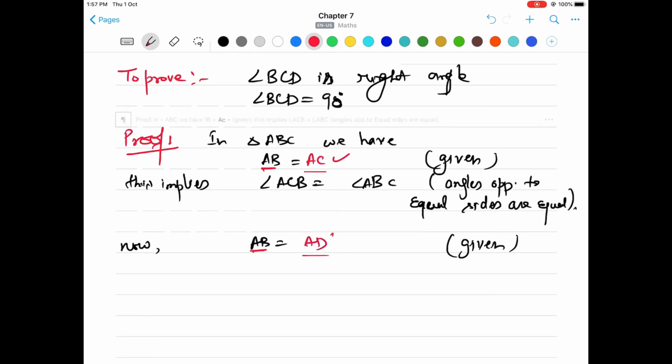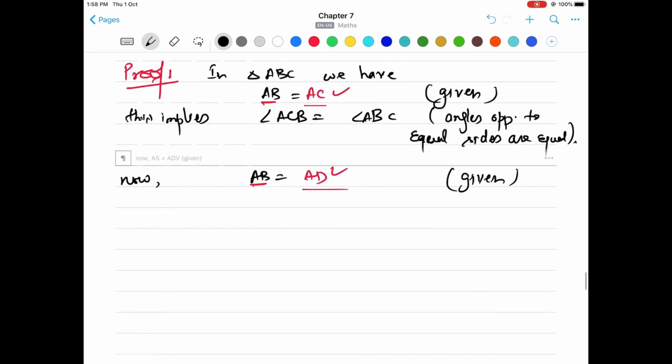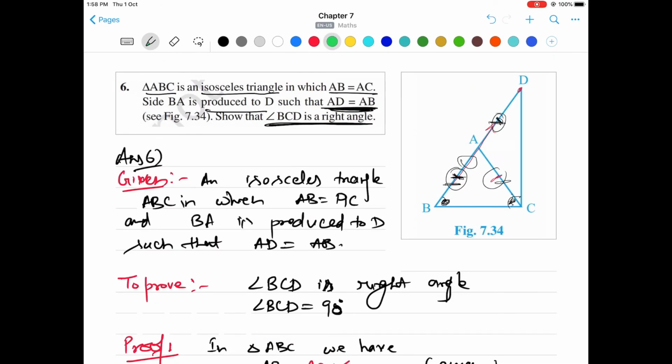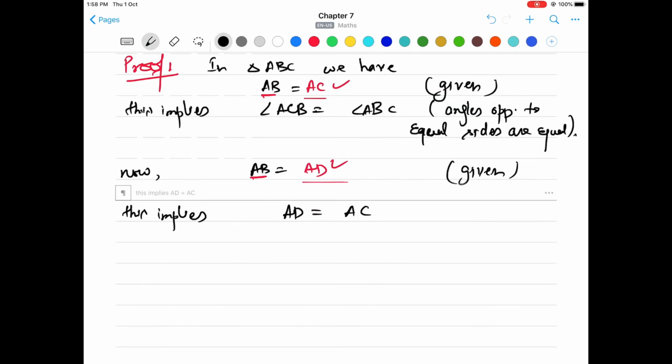So we'll conclude from here that this implies AD will be equal to AC. That means these two sides of the triangle will also be equal. So if these two sides are equal, their opposite angles will also be equal.